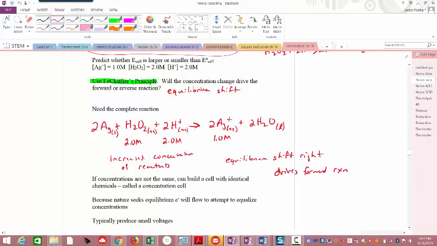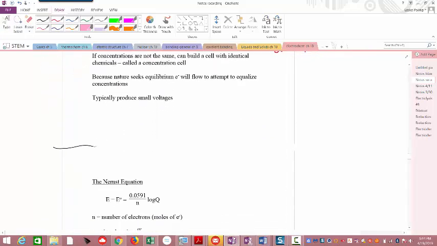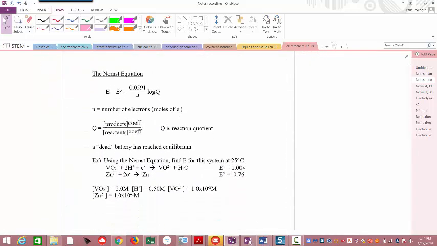Now, Le Chatelier's principle will only predict the shift. It won't calculate the new voltage. In order to calculate the new voltage, we need the Nernst equation.